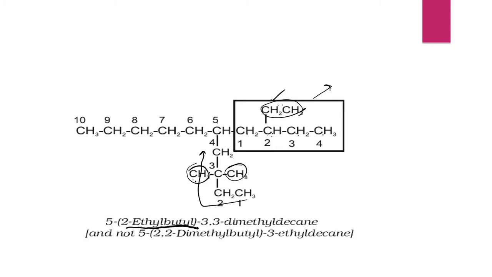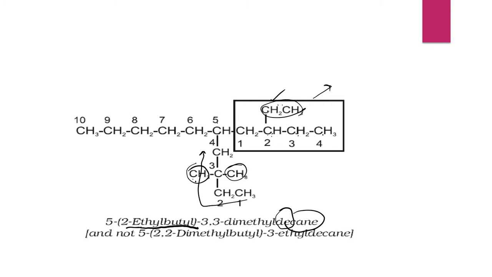3,3-dimethyl, and it is decane because 10. So how will I name it? I'll count the number of carbons in the longest chain. It is 10. So first I'll write dec, all single bond, so I'll write ane. Then I'll check the substituents. Then I'll check the alphabetical order.